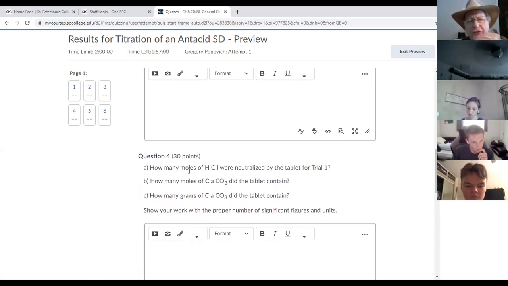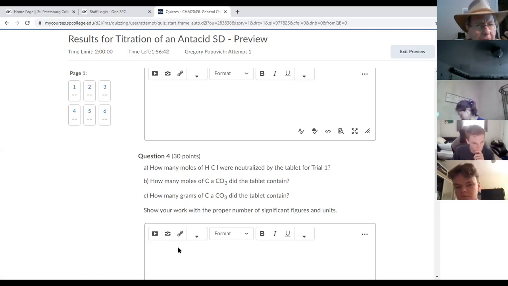How many moles of the HCl were neutralized by the tablet? For question A here, this is where you're going to subtract the moles of the NaOH from the moles of the HCl. That will give you moles of HCl neutralized by the tablet.